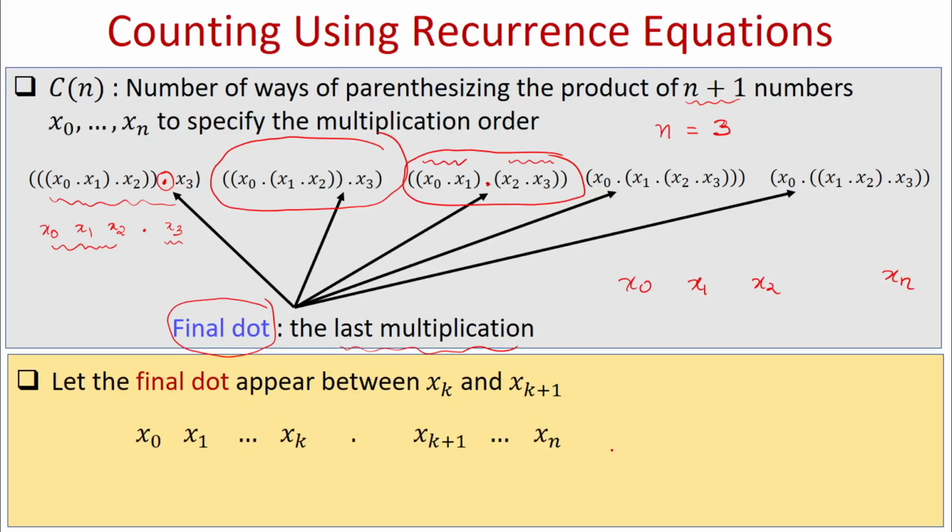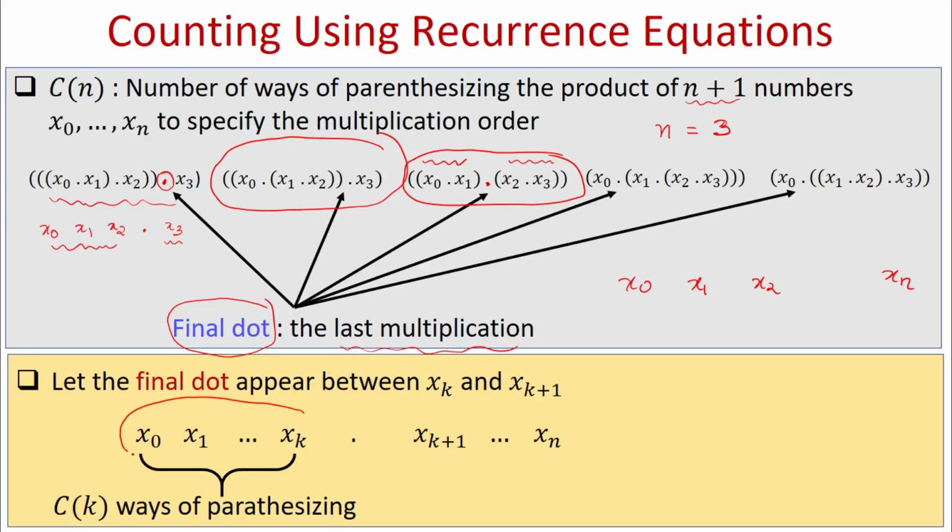So you can interpret that in any parenthesizing order or any sequencing of multiplication, if the final dot is appearing between xk and xk plus 1, then the bigger sequence consisting of n plus 1 numbers is now divided into two individual sequences, and they are disjoint.